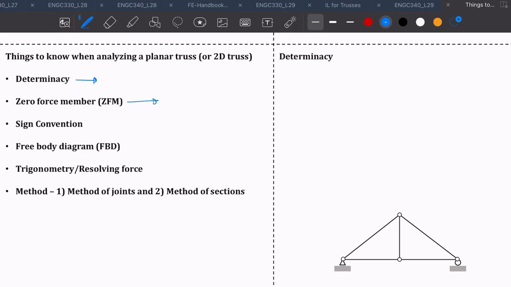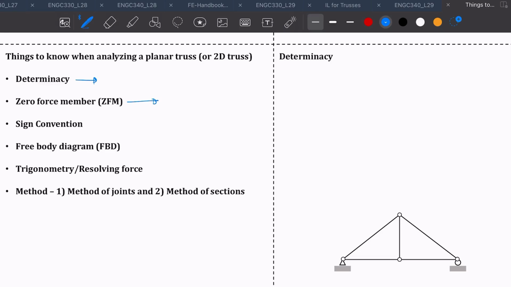If you fail to identify the zero force members, then all your member forces will be wrong, because you have to meet the equilibrium equations. If you don't identify the zero force members, then you will incorrectly put those members that are zero as some value, and you'll get the whole equation wrong.